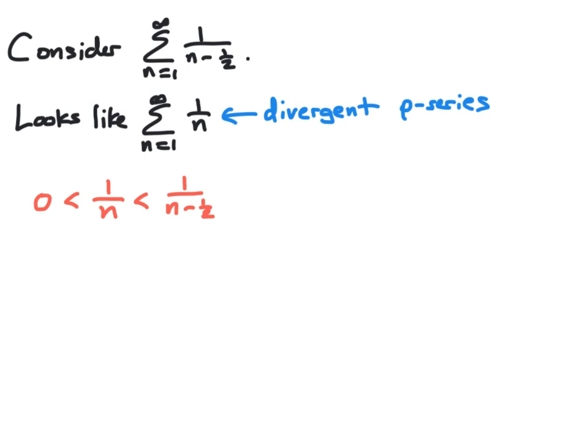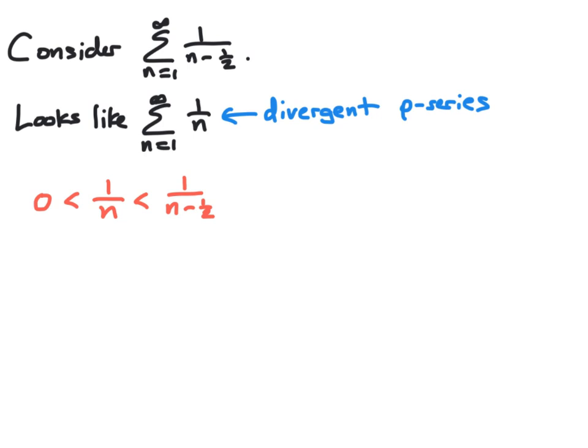And so if we then extend the same logic that we did in the previous example, we know that the nth terms of each of the series are related in this way. We then know that the partial sums for each of the series are related similarly, as are the limits of the partial sums, which are the values of the series.